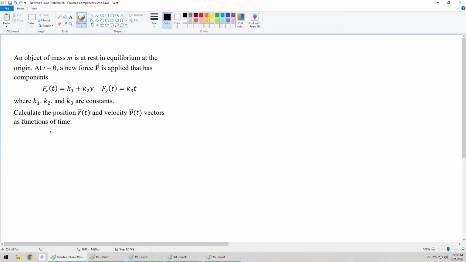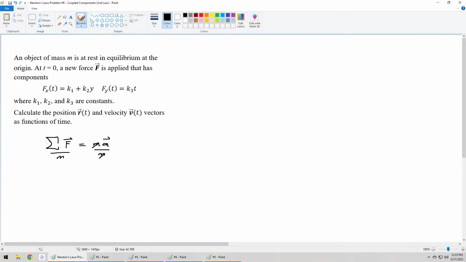We would be using Newton's second law in a way that might look familiar if you've seen some of the other videos or done some similar problems. If we wanted to go from force to an acceleration, we could divide both sides of this expression, Newton's second law, by the mass.